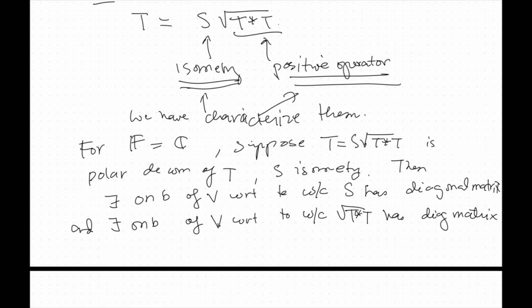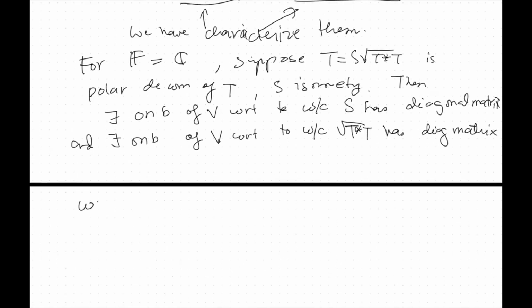Okay, so let me put a warning here: there may not exist an orthonormal basis that puts the matrices of both S and the square root of T star T into nice diagonal forms.